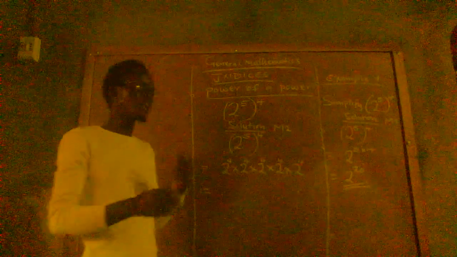Now, that is why when I started with the first law, second law, I told you we have to solve problems wherein I'm going to reference you from the first law. Now I'm going to take you back to the first law, which refers to multiplication law. Multiplication law states that when the bases are the same, take one base and add the power. Am I making sense?